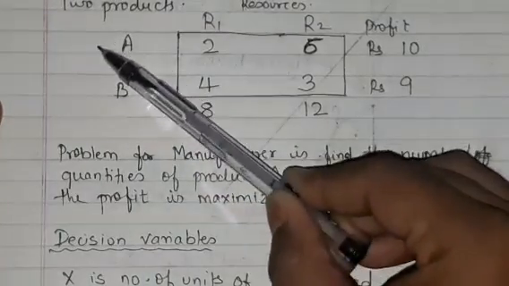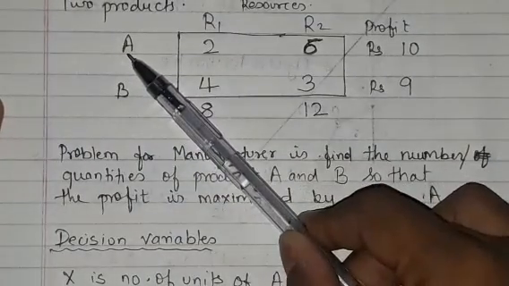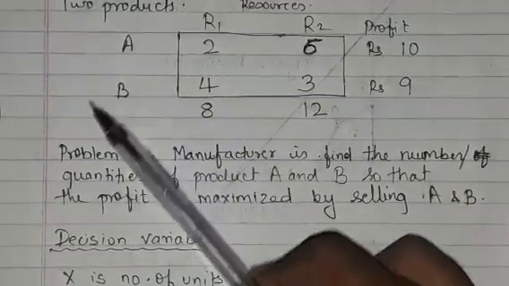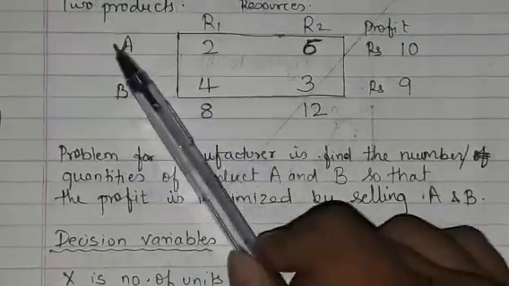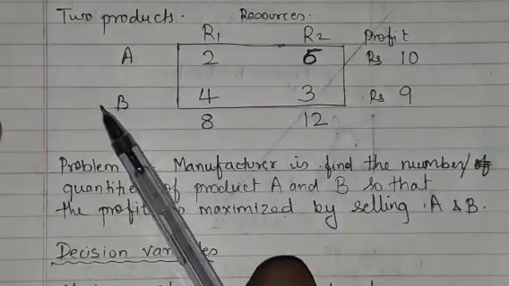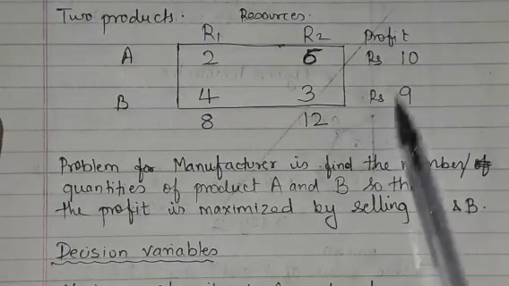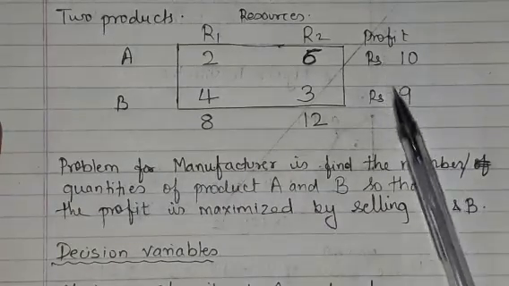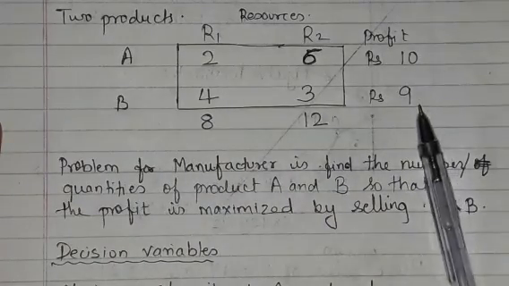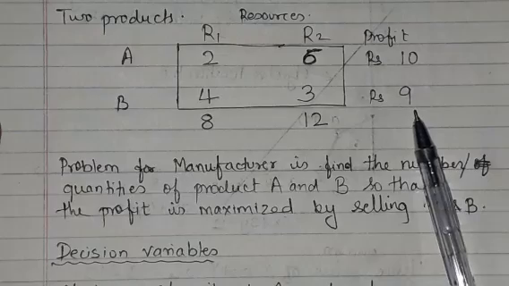So x is the amount of A which I am going to manufacture and y would be the amount of B that I am going to manufacture. And x into 10 plus y into 9 would be my objective function, right? So the maximum value of 10x plus 9y would be my objective function.